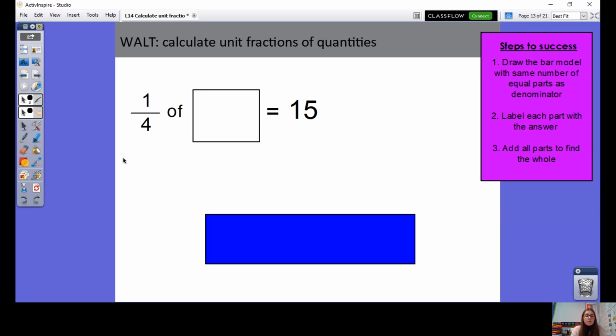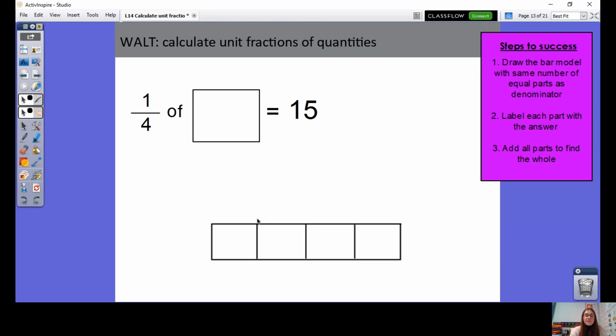Okay, 1/4 of 15. So this time my bar model is going to be split into 4 parts. Now, each of my parts this time is equal to 15. So I could label each of my parts of the bar and add them up, or do 4 times 15.